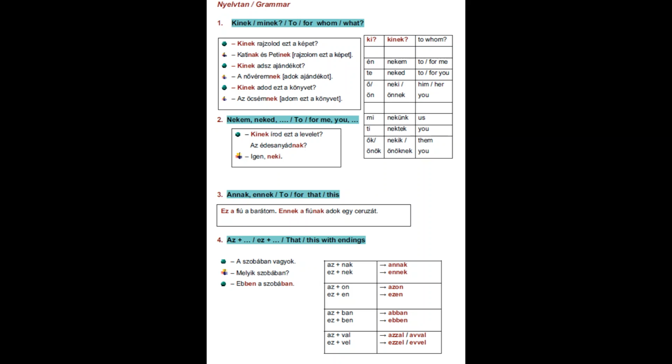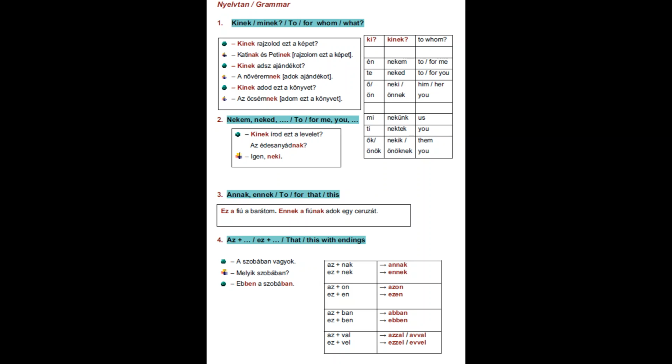Or for what? Minek. Minek kell csinálnom. Why do I have to do it? For what reason do I have to do it? Right? So there's the for what or why. It means the same thing. Minek. Minek kell elmenni. Why do I have to go?